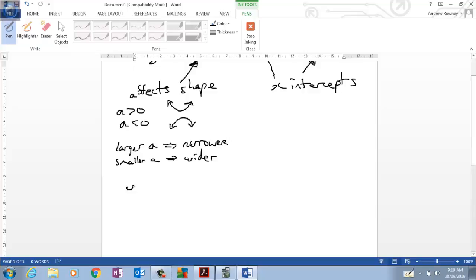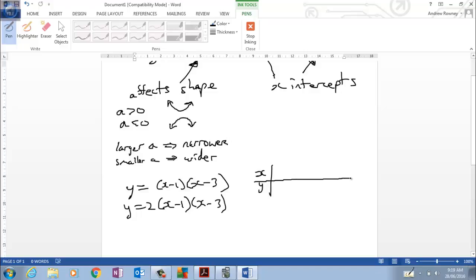We'll have y equals x take 1, x take 3, and we'll compare that to y equals 2, x take 1, x take 3. Now we could set up a table of values for the first one, and we'll go -2, -1, 0, 1, 2, and we'll do 3.